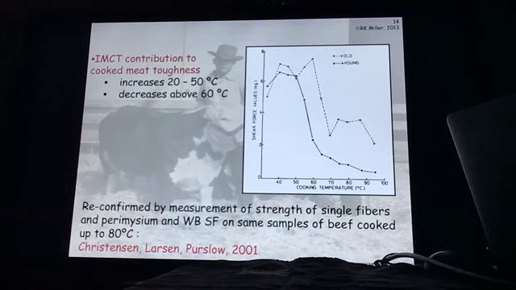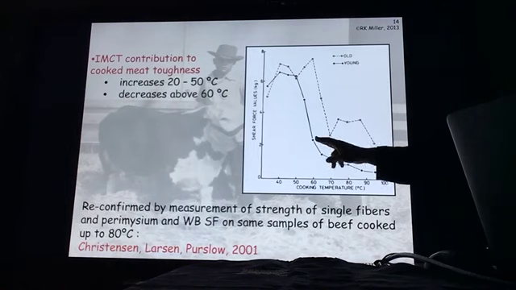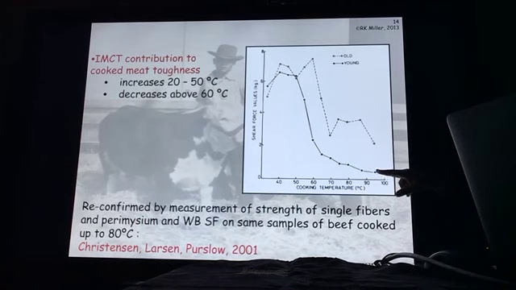And so what this is really trying to show you, and there's some other things going on here, but in the young animals, we're going to have some swelling of the collagen and then shrinkage with heat. But what they're trying to show you here is that once you get to 60 degrees, the tenderness is much improved because there's solubilization of the collagen.